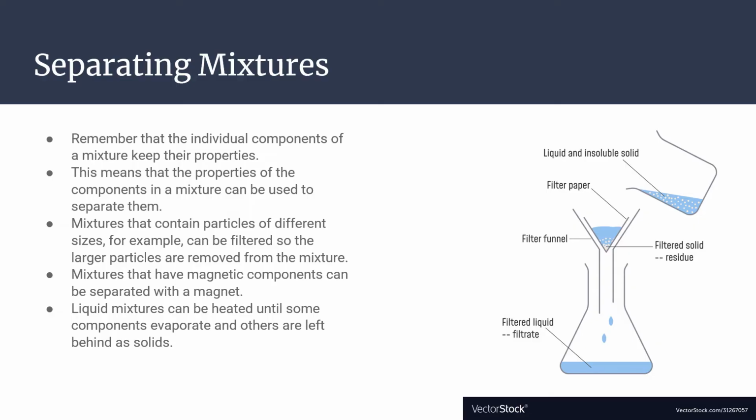Liquid mixtures can be heated until some components evaporate and others are left behind as solids. That would be like salt in seawater. If you boil the water, eventually all of the water is going to evaporate, and what you're going to be left with is the salt.